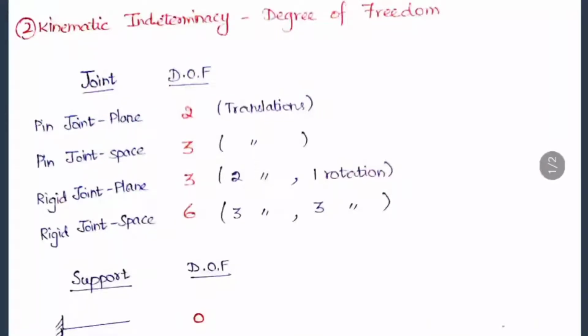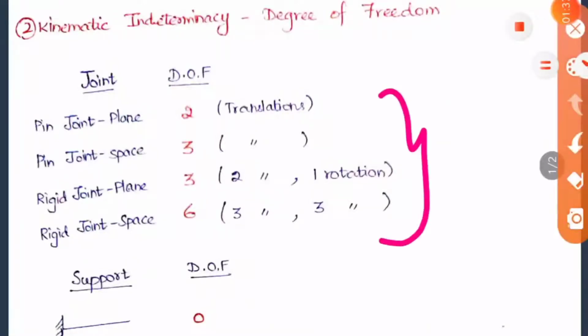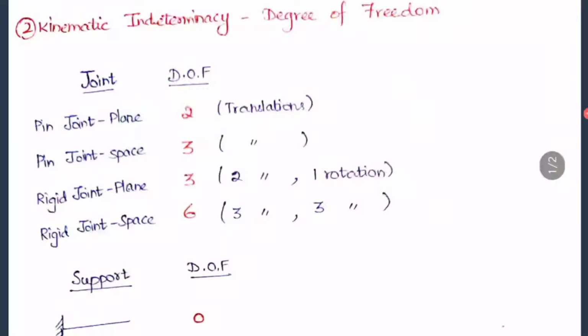Whereas in rigid joint space it is 6: 3 translations and 3 rotations. If you want to be thorough you can remember all these, or else just remember the values alone, 2, 3, 3, 6, and that will be enough for doing the problems.